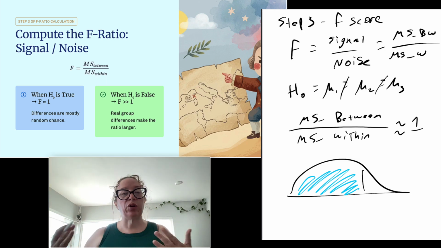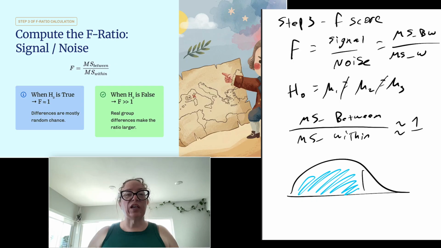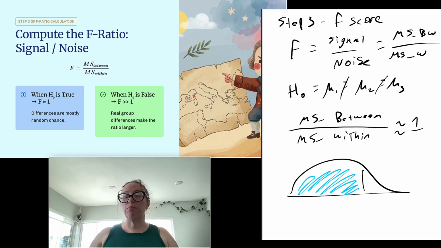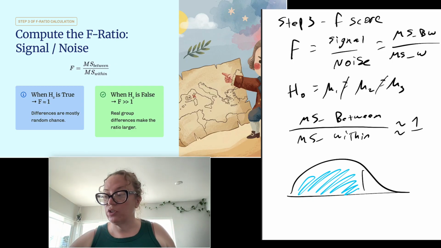It's going to be inflated by real differences. There's going to be serious, actual differences between the groups. And then the MS within, the noise, it's still just estimating the baseline noise. And if there is truly a difference, there's going to be a big difference in that ratio. The MS between is going to be much larger than the MS within. And so that ratio is going to become much bigger than 1.